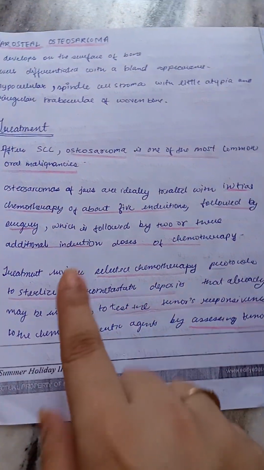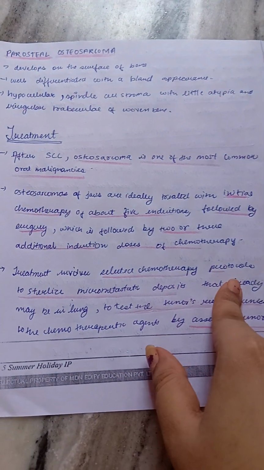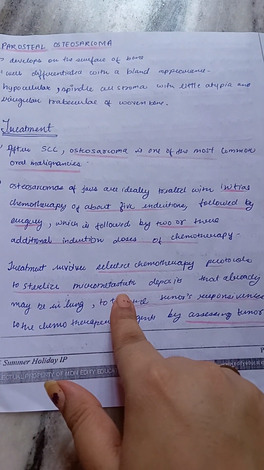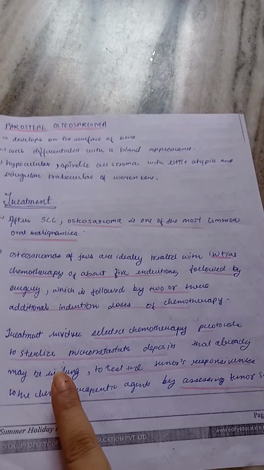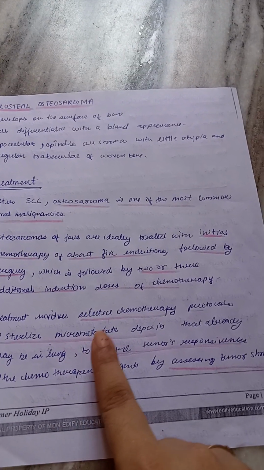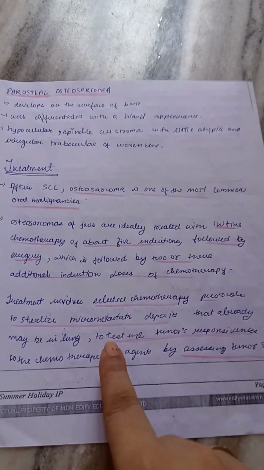Now, treatment involves selective chemotherapy protocols to sterilize micrometastatic deposits. The first aim of the selective chemotherapy protocol is to sterilize micrometastatic deposits that may be present in the lung.